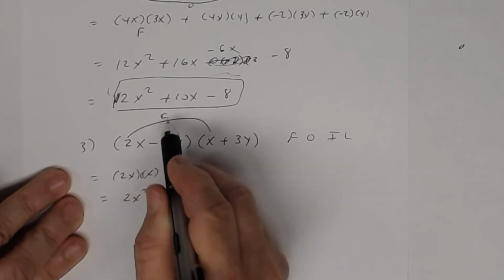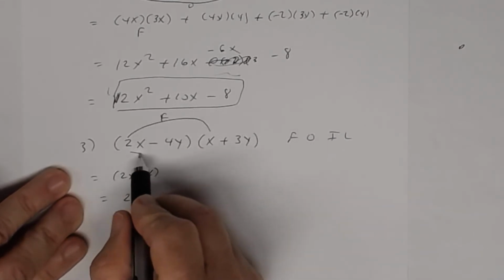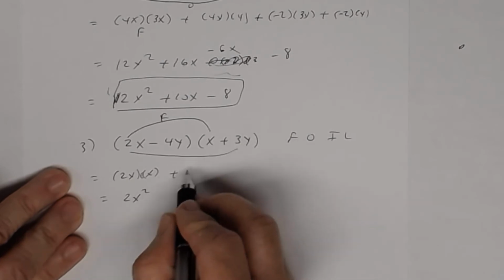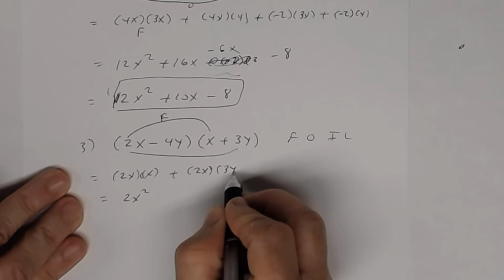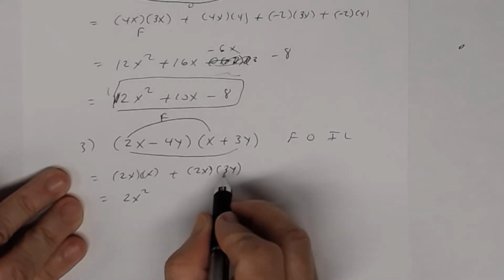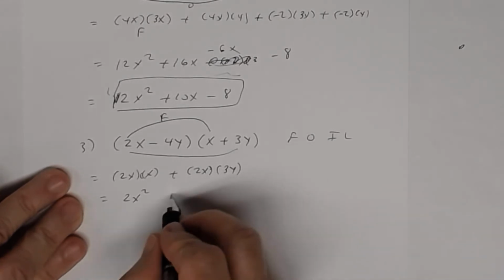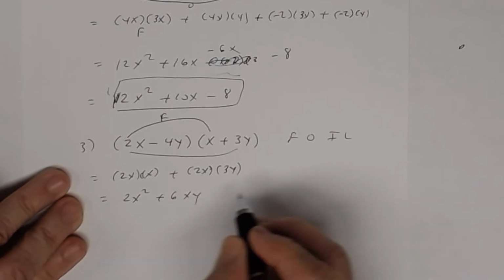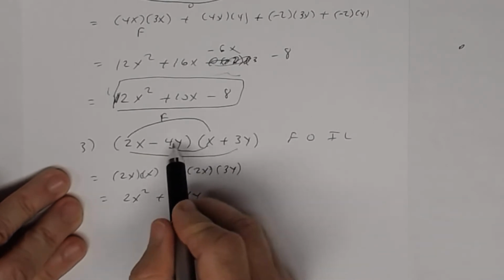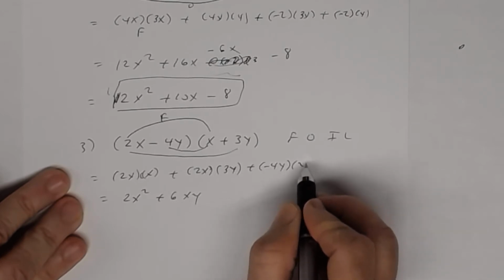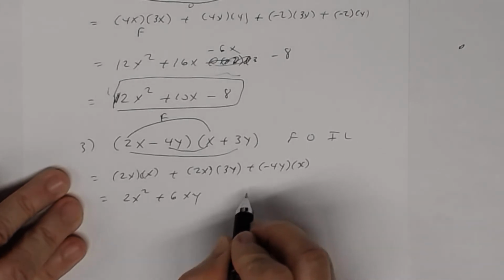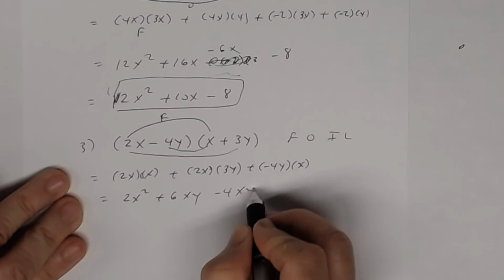So that's your first. The outer, you multiply those together, so plus 2x times 3y. 2 times 3 is 6, x times y is xy, so I get plus 6xy. The inside terms, you have plus a negative 4y times x, which is a negative 4xy.